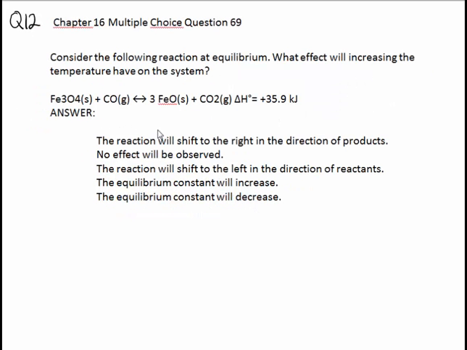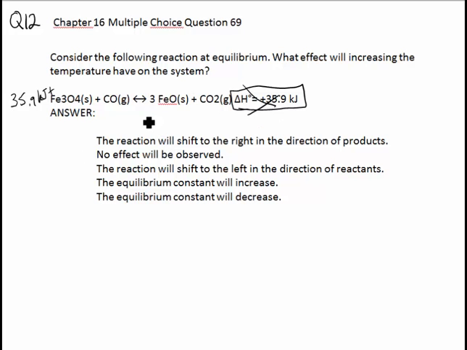Now in this particular reaction, this is question 12, it says the delta H is positive. So that means it is an endothermic reaction, and in fact, the energy requirement acts in this case like a reactant. And then what it says is what will happen when we increase the temperature.